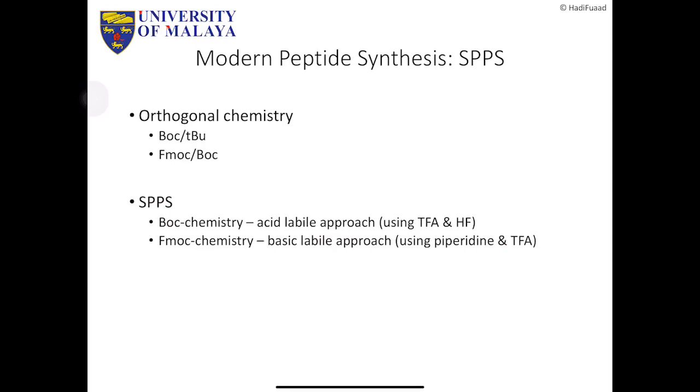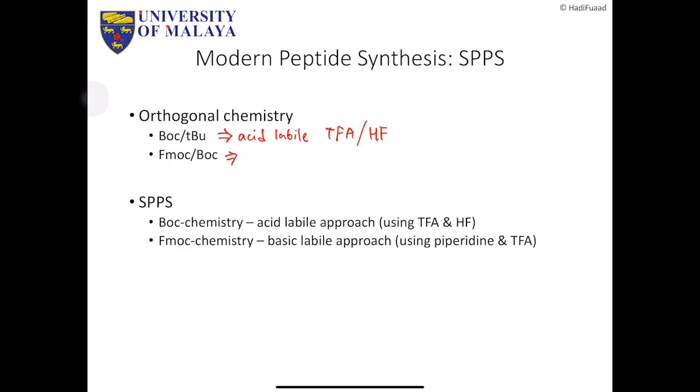Okay, just a little bit of terminology. For SPPS, we call it orthogonal chemistry, where you normally combine Boc and tert-butyl chemistry, and another one we call FMOC and tert-butyl orthogonal chemistry. The Boc chemistry is more on acid labile chemistry, where you use TFA to deprotect the Boc, and HF to remove the peptide from the solid support.